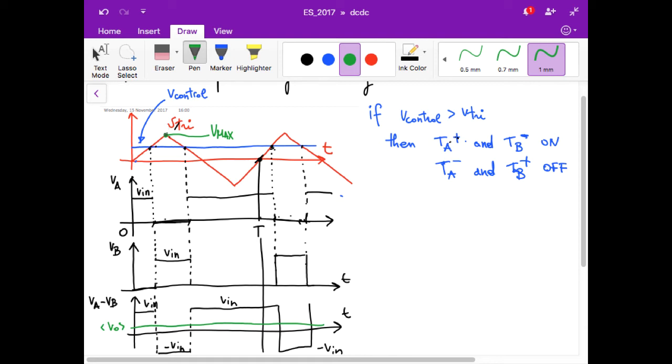that the duty cycle of B, which is probably easy to compute, is equal to 1/2 plus V control.